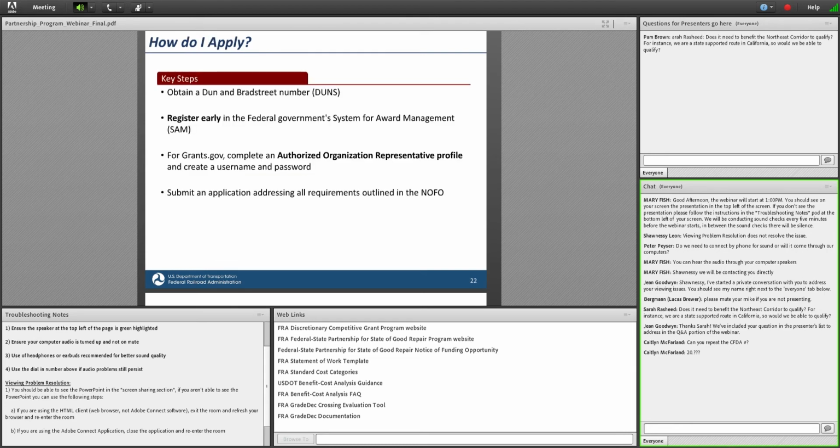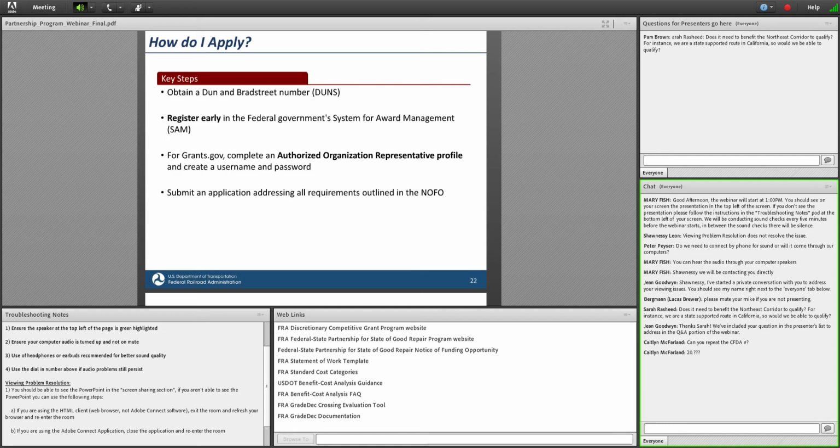And then as you look at some of the other tabs, you will get other information, as you're thinking, well, how do I apply? Even before you can get into grants.gov, you've got to make sure that you've got what we call a DUNS number, or Dun and Bradstreet number, as well as register in the Federal Government System for Award Management, or SAM.